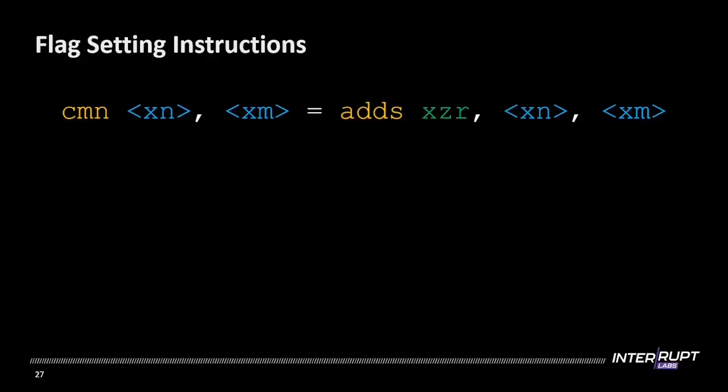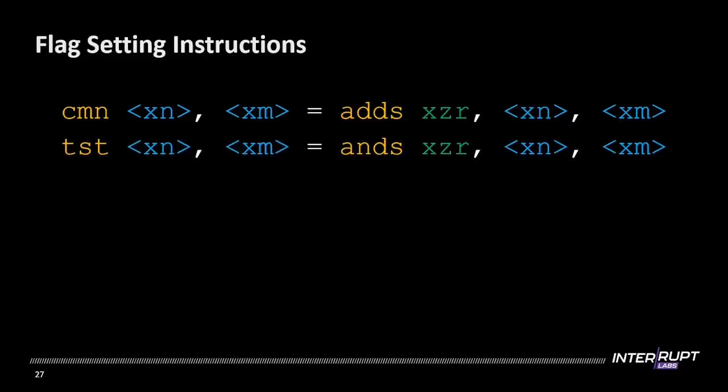This is an alias of ADDS, or add and set flags. Then there is TST, or test. This is an alias of ANDS, or and set flags. Here only the EQ and NE conditions really work to check if the result is 0 or non-zero.